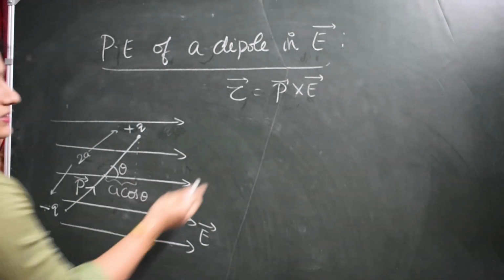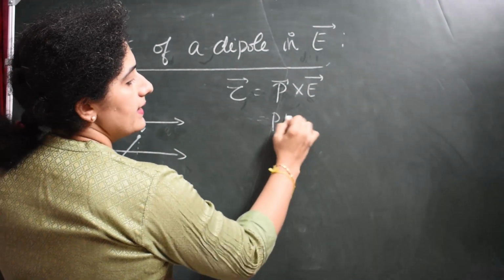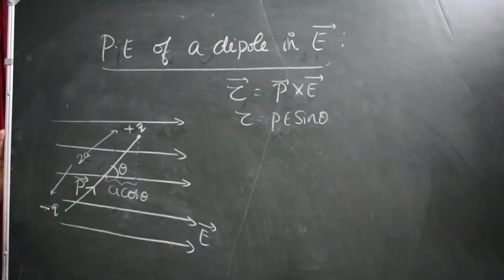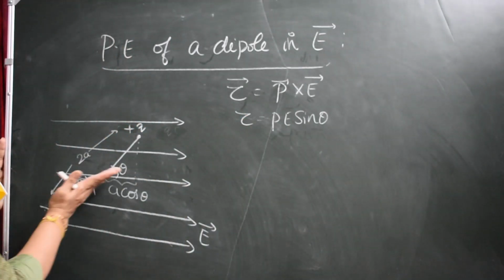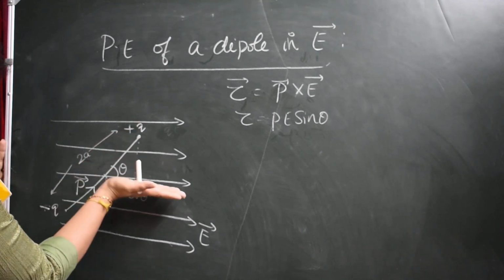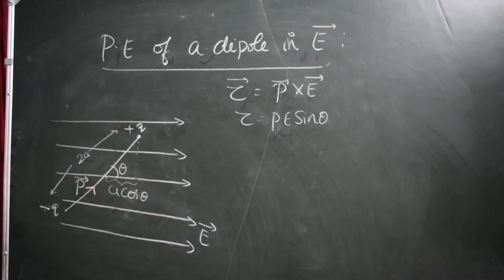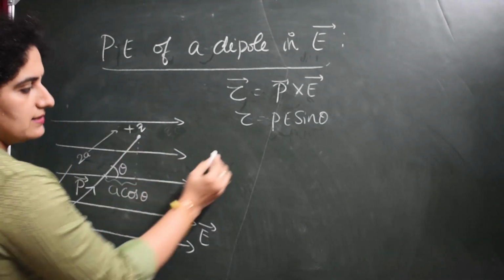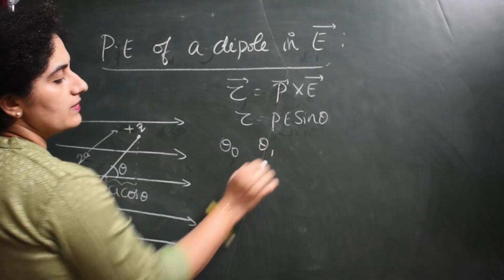Dipole moment. So it is nothing but PE sin theta. Tau will be equal to PE sin theta, cross product, where theta is the angle made by the dipole with the electric field. That is theta. Now, say that you have two angles, one is theta naught and another one is theta 1.